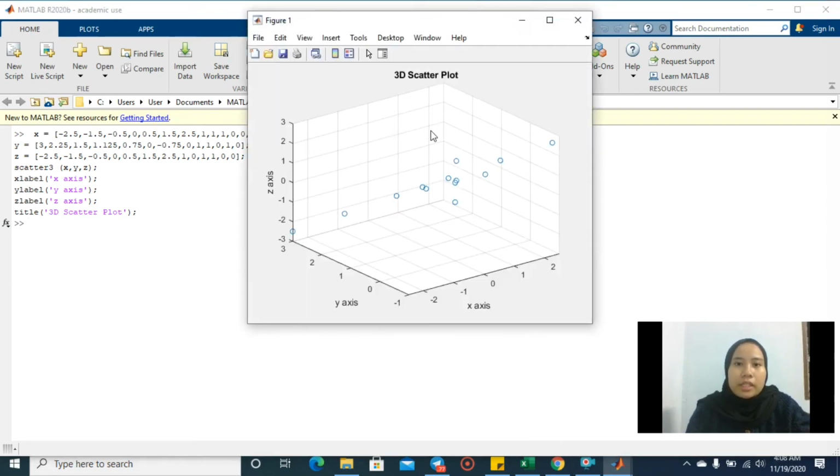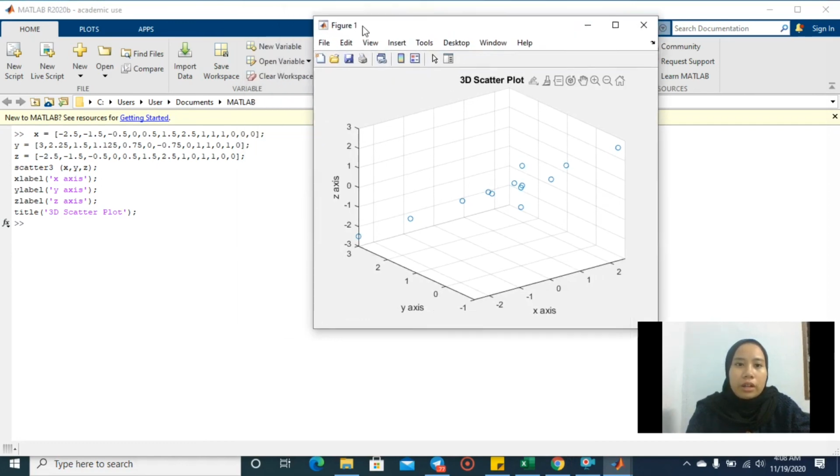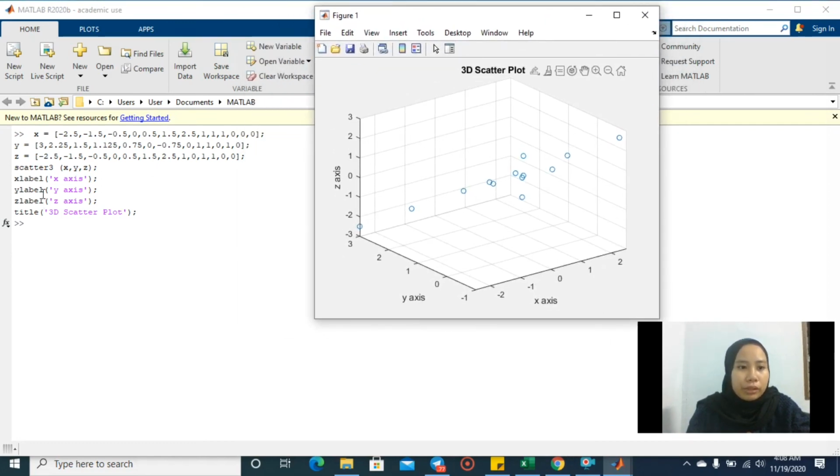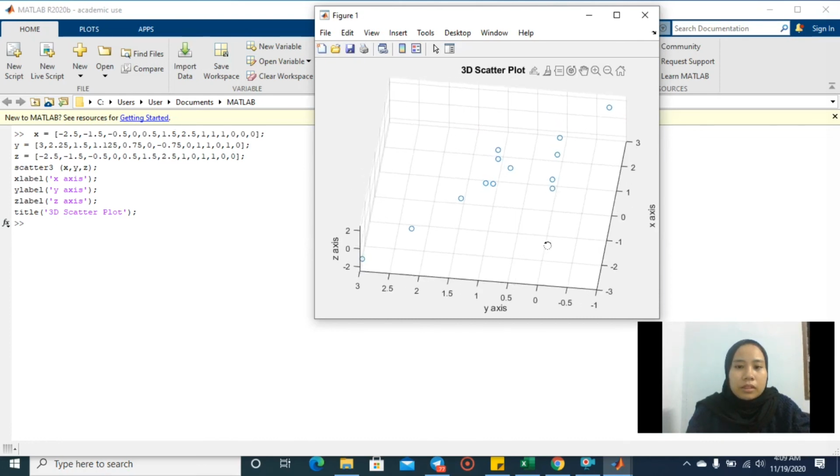Okay, this is the 3D scatter plot graph that we got from the MATLAB software by using this code.